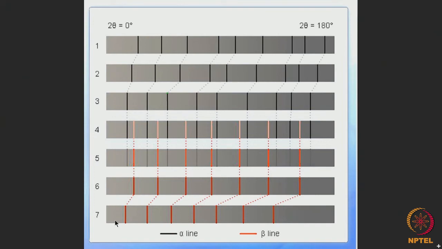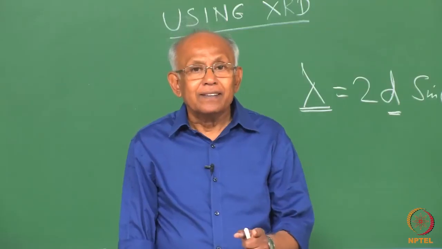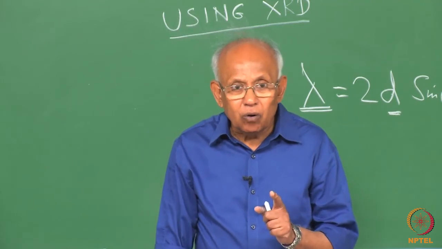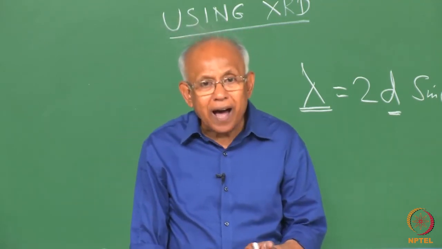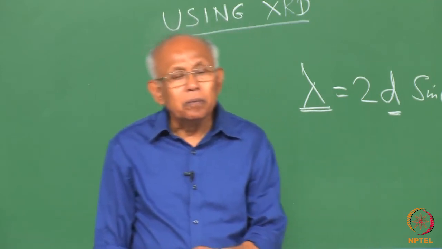So in this way, at any particular temperature, say at room temperature, we can figure out where the whole thing changes from alpha to alpha plus beta to beta.